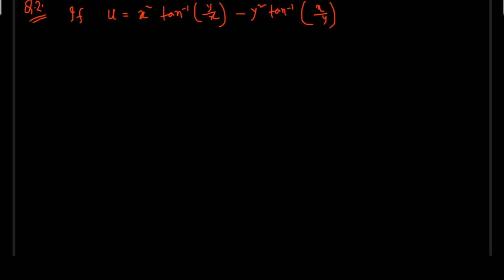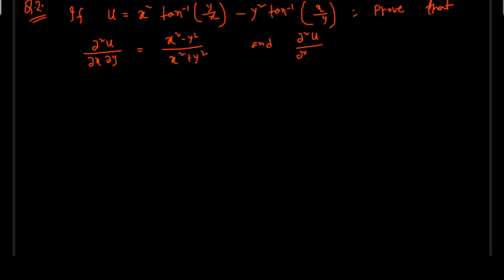What you have to do is prove that del 2u del x del y is equal to x square minus y square divided by x square plus y square, and also prove that del 2u del x del y is exactly equal to del 2u del y del x.